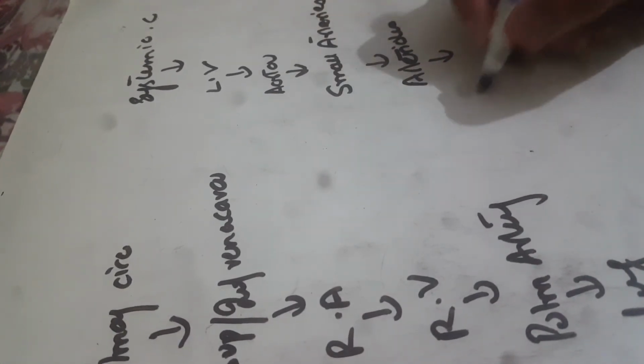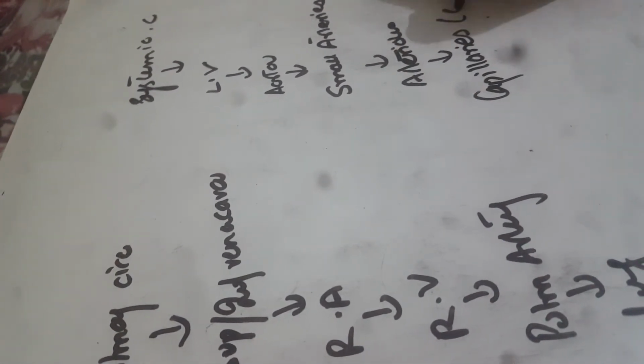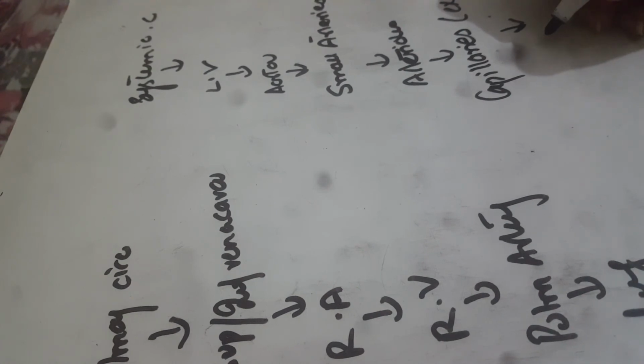Arterioles are the ones that regulate the flow, and then they divide into the capillaries. Capillaries are where the exchange takes place. Then we have veins, and veins collectively form the vena cava that brings deoxygenated blood back to the right atrium. From the right atrium we go to the ventricle and so on.